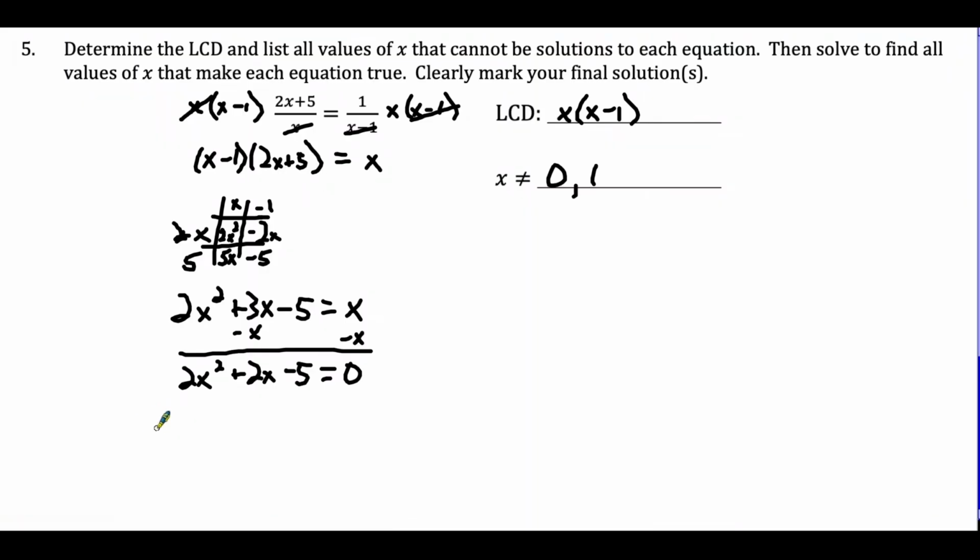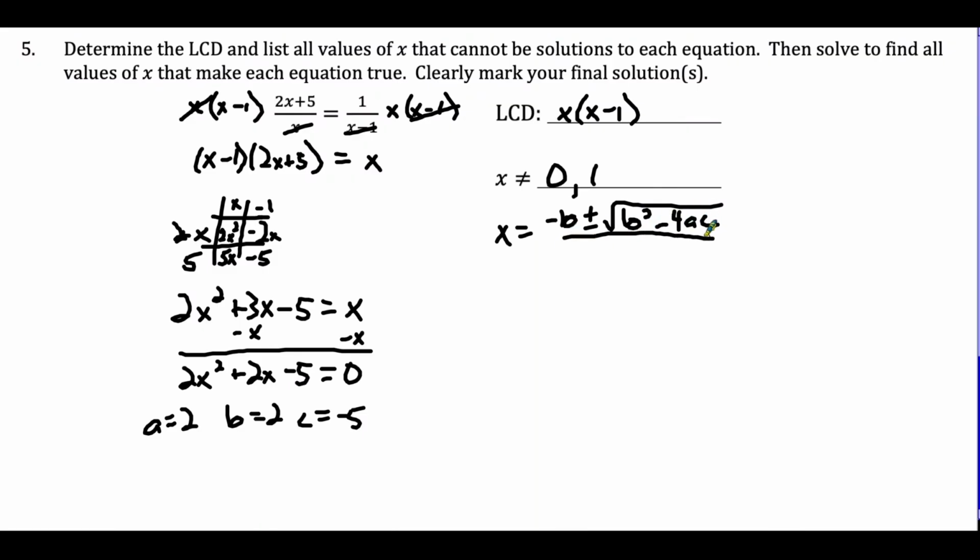So my a is going to be 2, my b is going to be 2, and my c, negative 5. So I'm going to plug those values into my quadratic formula. X equals negative b plus or minus the square root of b squared minus 4ac all over 2a.